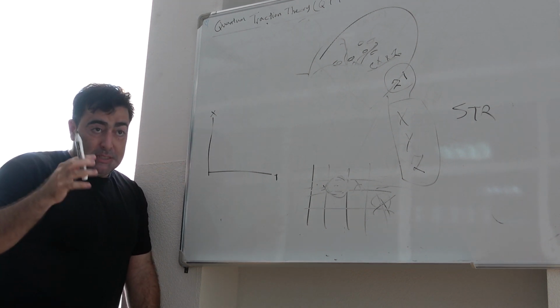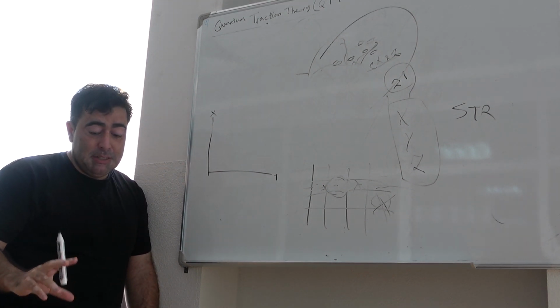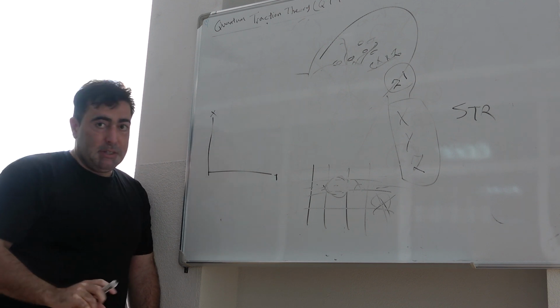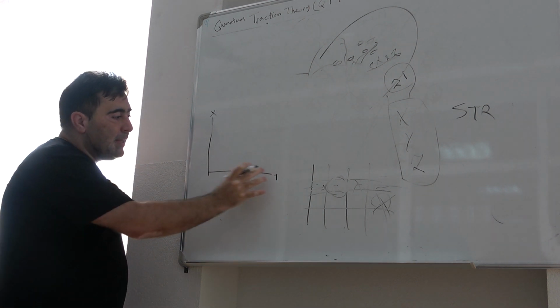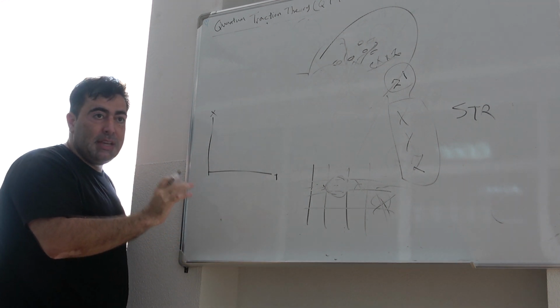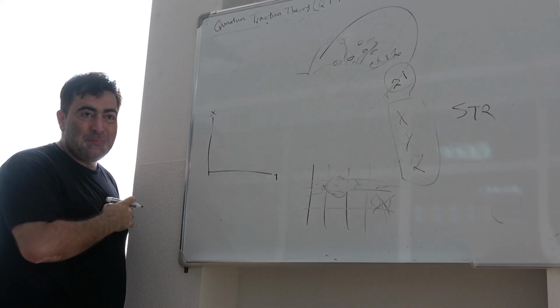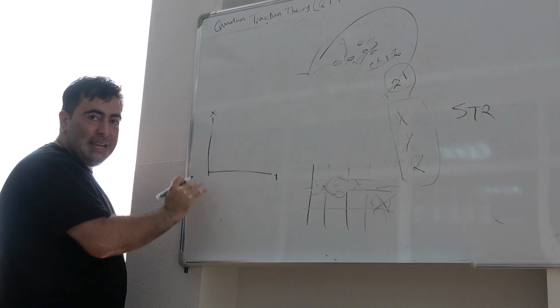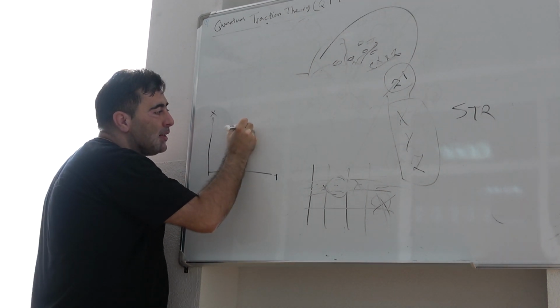Now, in this theory, in Fabrika theory, the framework itself is quantized. What that means is, instead of this, we have this.